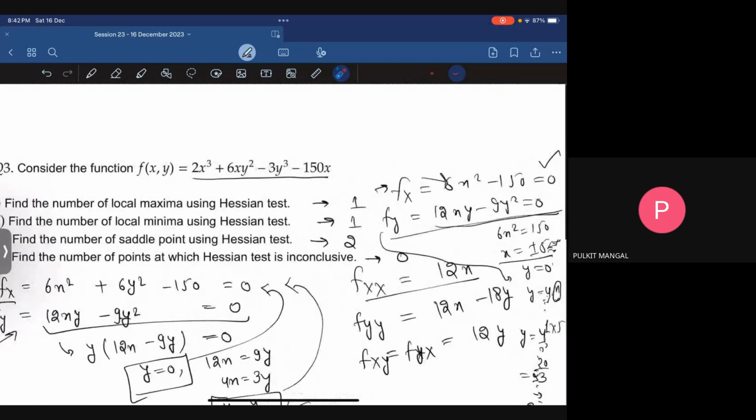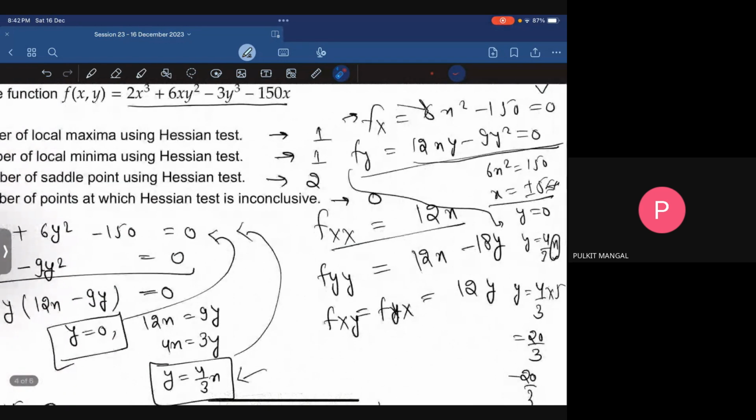Okay, let's consider this one. You can make the pair, that's fine, but that pair always need not satisfy the condition. You need to check that the pair you are getting is satisfying both the equations or not. You always need to check that the point you are getting should satisfy both equations.